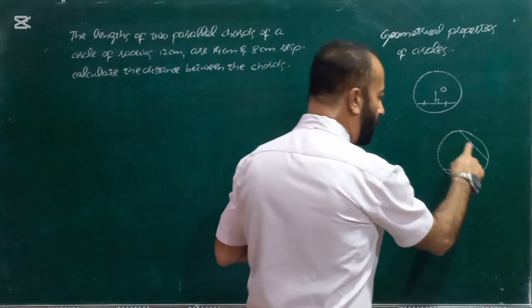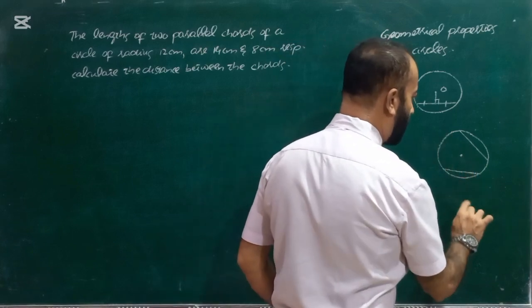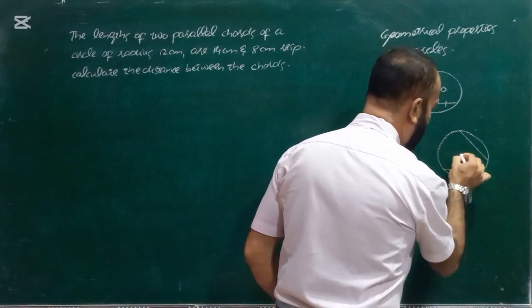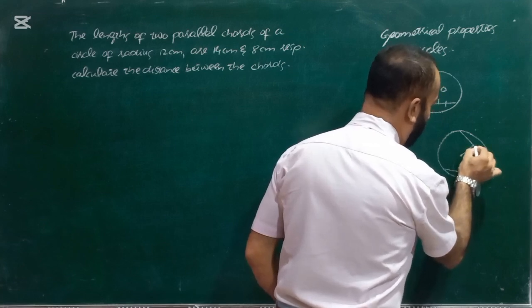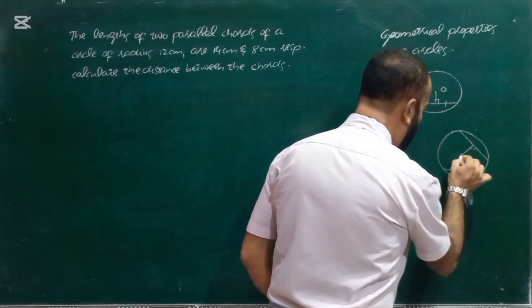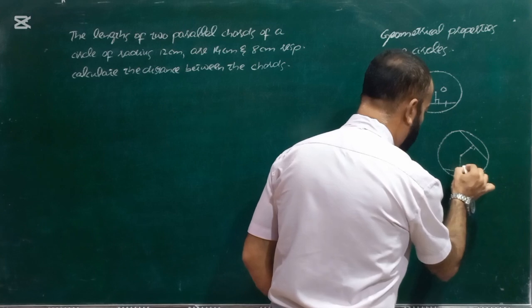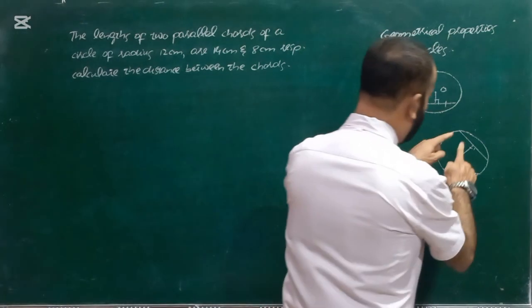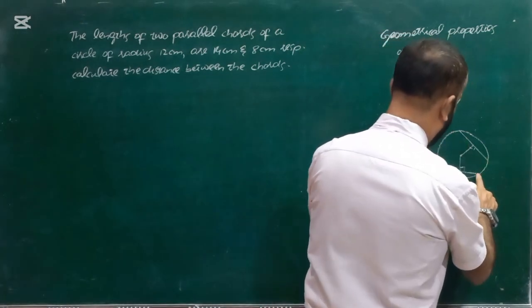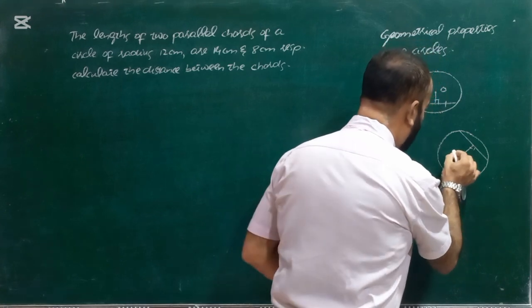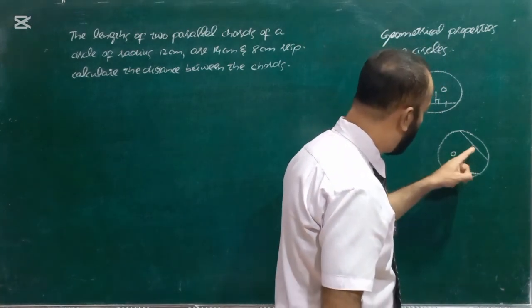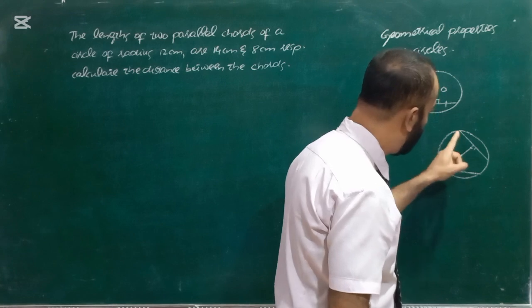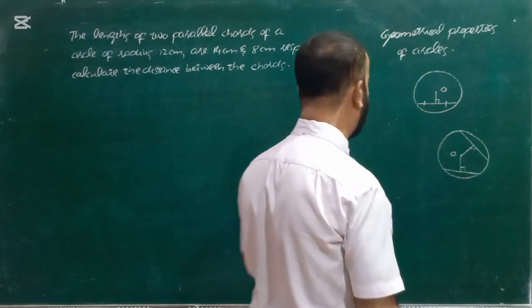If there are two chords of equal lengths in a circle, then the distance from the origin to the chords will be equal. Two chords of equal length will be equidistant from the origin, and the reverse is also applied. If two chords are equidistant from the origin, they will be of equal length.